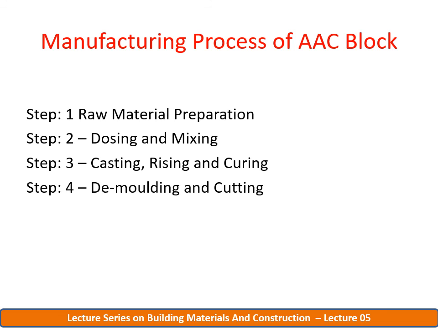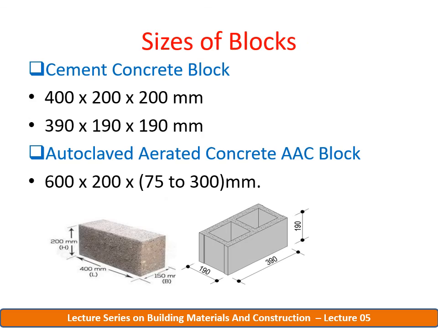Autoclave aerated block has a better strength property, best thermal insulation and excellent sound absorption, vibration resistance compared to the red bricks. These bricks are lightweight, offer easy and quick handling and transporting with less breakage.